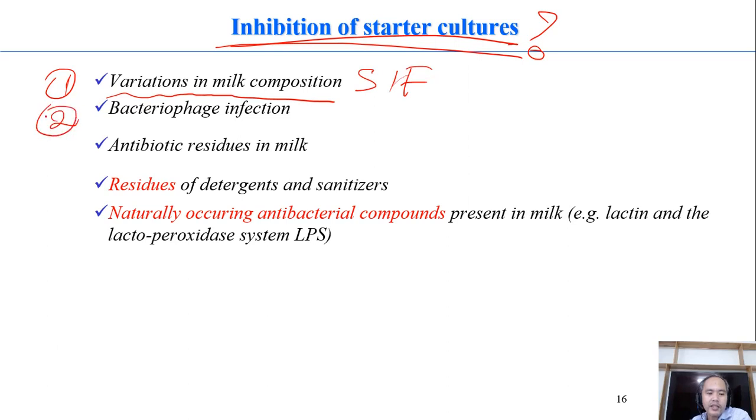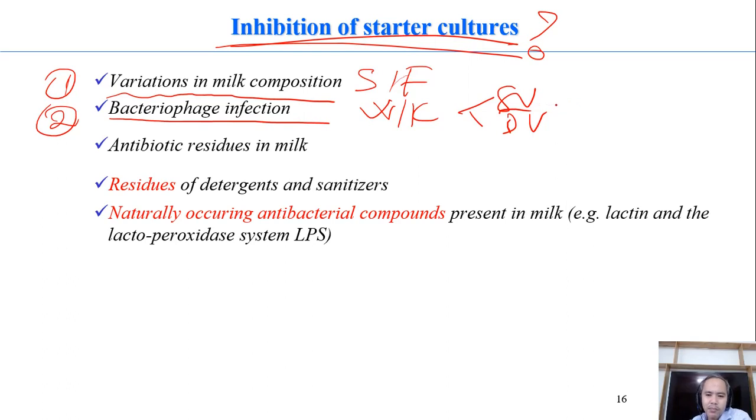The second reason, and this happens also, is infection with bacteriophage, infection with viruses, that will weaken the starter culture or kill the starter culture, and then you have slow vat or dead vat. Slow vat means the fermentation becomes slow.